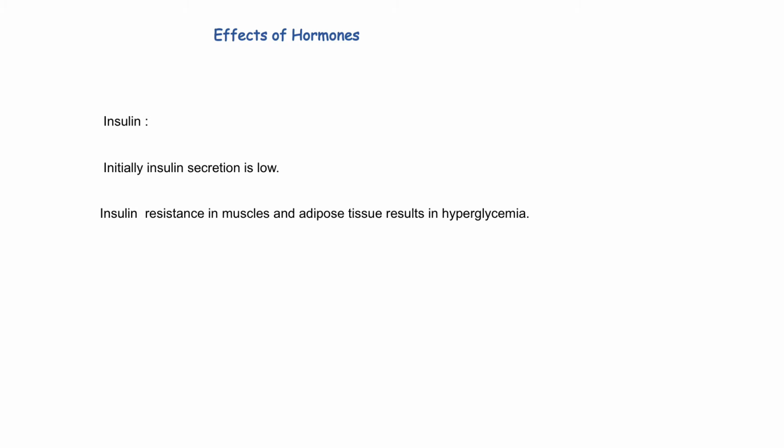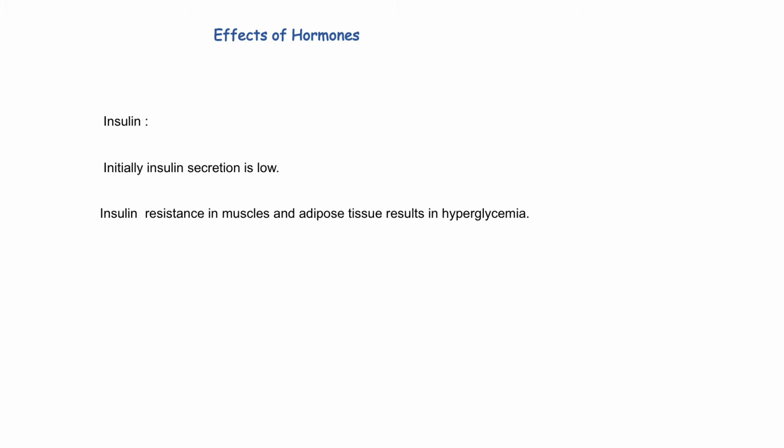Another hormone that contributes in metabolic response to stress is insulin. Insulin secretion is first reduced after exposure to stress, and then its levels return to normal. Several hormones counteract actions of insulin. In addition, there is resistance to action of insulin in skeletal muscles and adipose tissue.